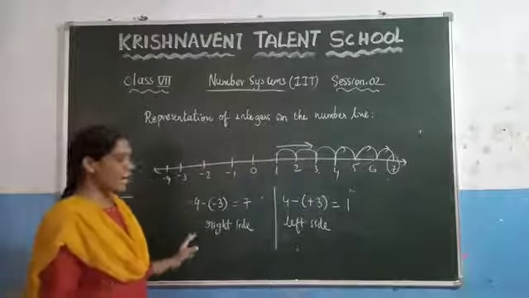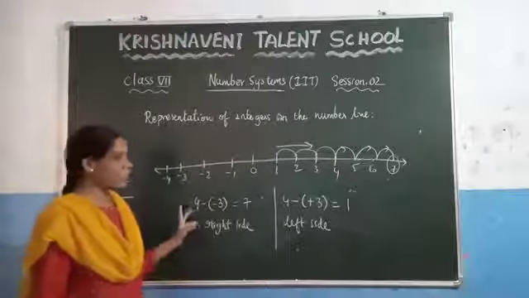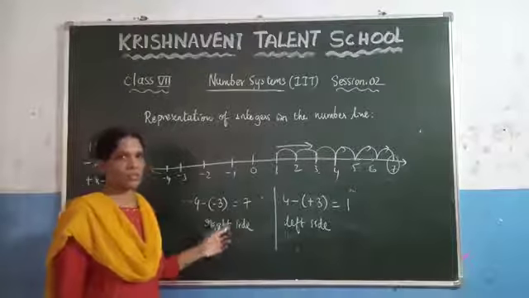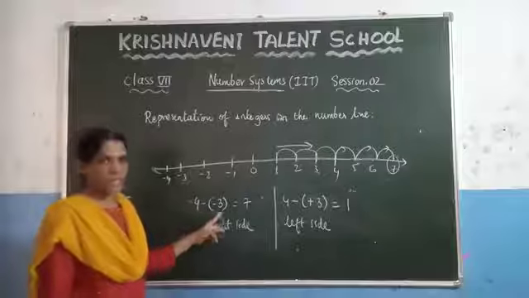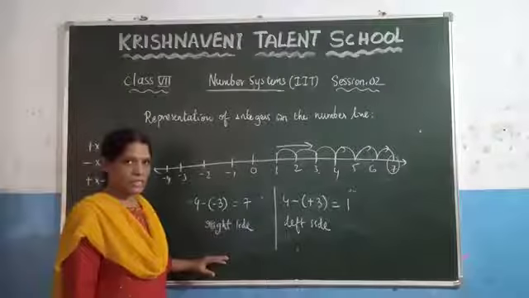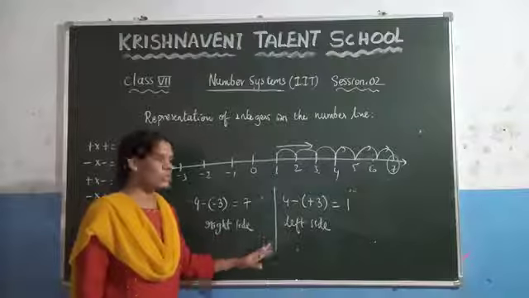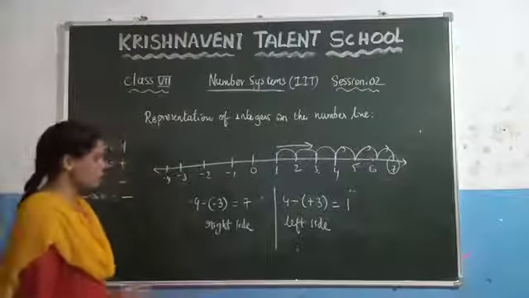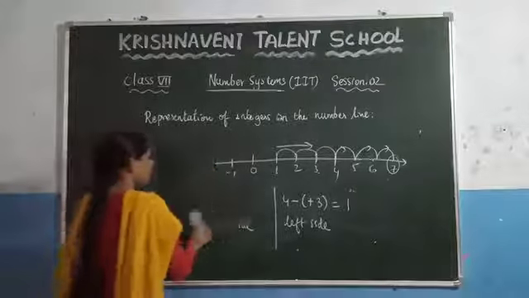If you are adding a positive integer, you need to go to the right side of the number line. If you are adding a negative integer, you need to go to the left side of the number line. Similarly, if you are subtracting a negative integer, you are going to the right side of the number line. And if you are subtracting a positive integer, you need to go to the left side of the number line. This is about the representation of integers on the number line.